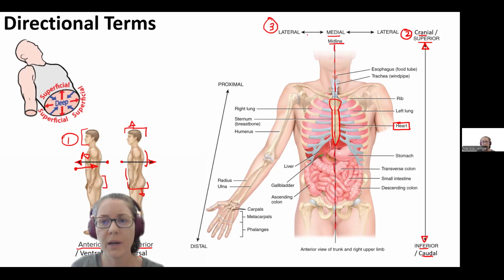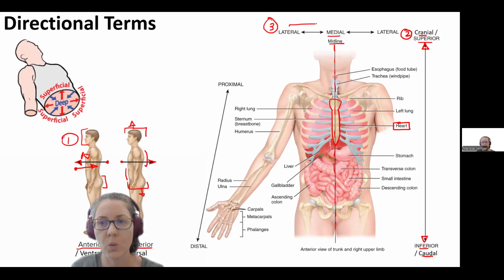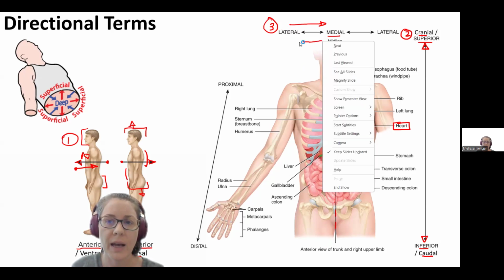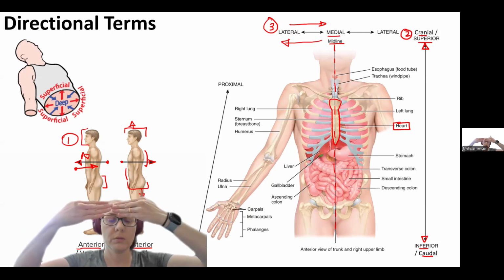But when I go from an outside part of my body towards the midline, I am going in the medial direction. When I'm going from the midline out, that is the lateral position. So that's what you want to think about. When I'm going towards the middle, that's medial.